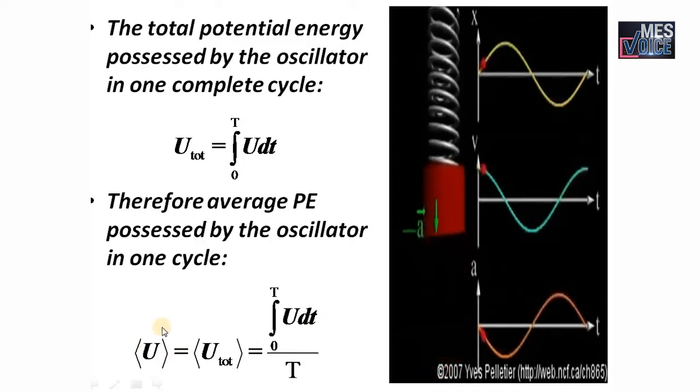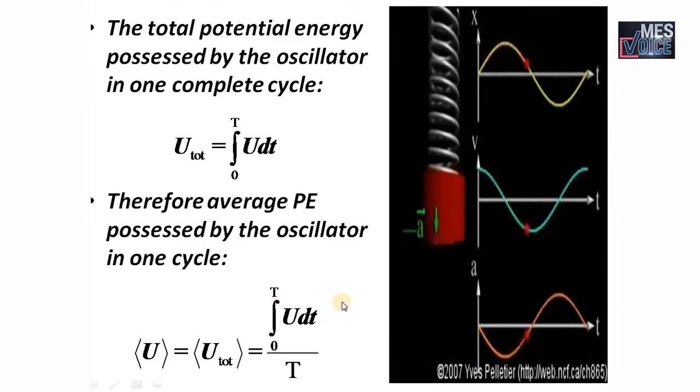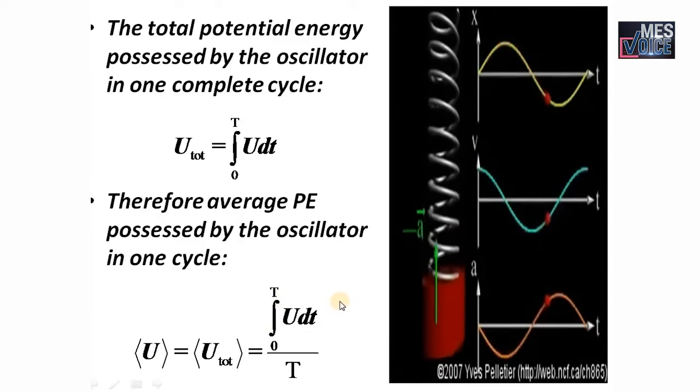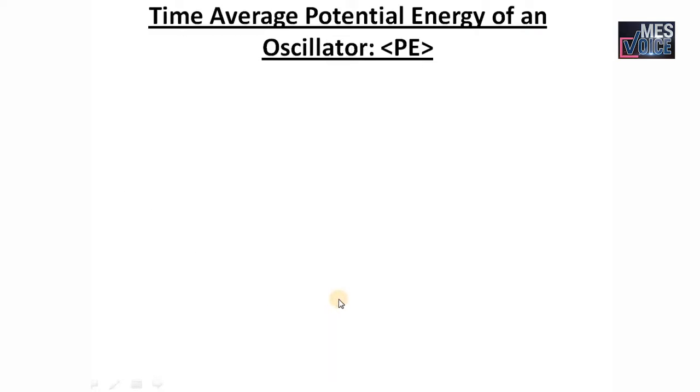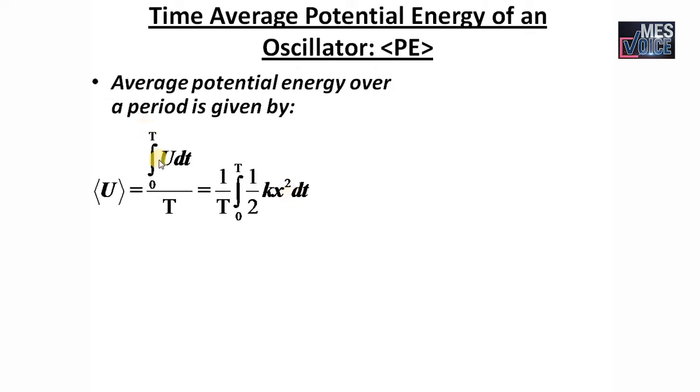So you will get the average value of potential energy maintained by the oscillator. So for finding the average value, we divided the total potential energy by the complete period, where T is the period of oscillation.